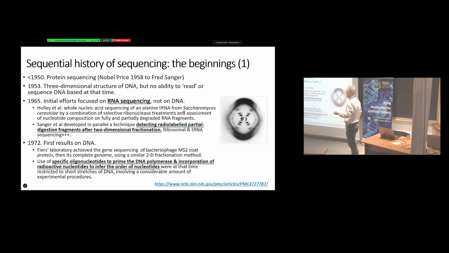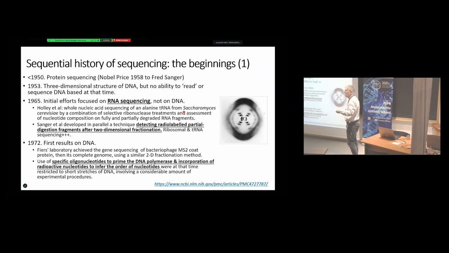At nearly the same time, he generated information not only about transfer RNA, but also about ribosomal RNA. And this is his method, and not the very harsh method by Holley, that was used to resolve these other sequences.